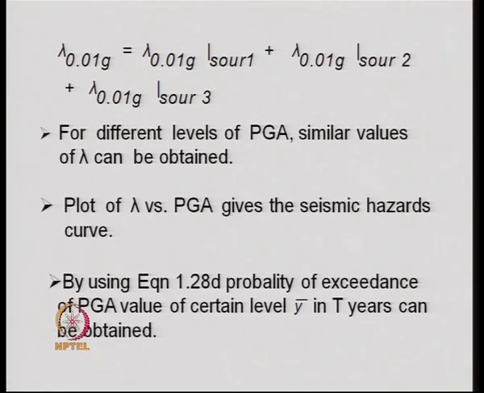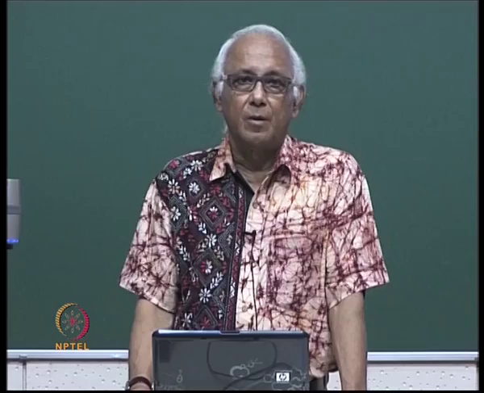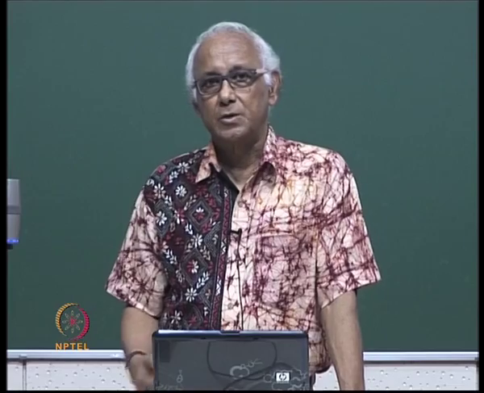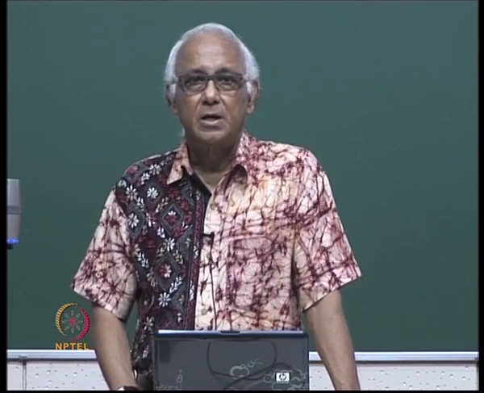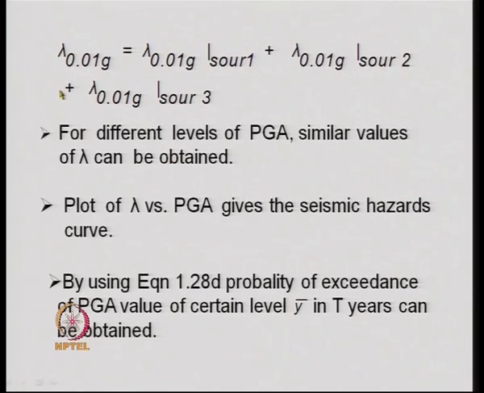Next, we can consider peak ground acceleration levels of 0.02 g, then 0.03 g, then 0.04 g and so on. For different levels of peak ground acceleration, we can find the lambda value, and this lambda value can then be plotted against the different levels of peak ground acceleration. This gives a curve, and that curve is called the seismic hazard curve for peak ground acceleration for the region.